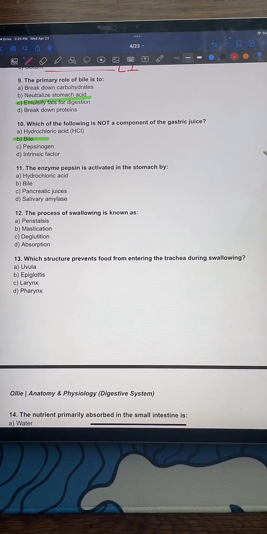Hydrochloric acid helps digest food and activates enzymes. Pepsinogen is secreted by the chief cells in the stomach and is converted to pepsin in the hydrochloric acid environment. And intrinsic factor.